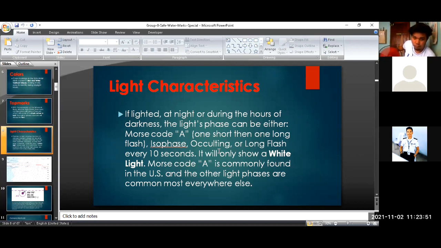Morse code A is commonly found in the US, and the other light phases are common most everywhere else.